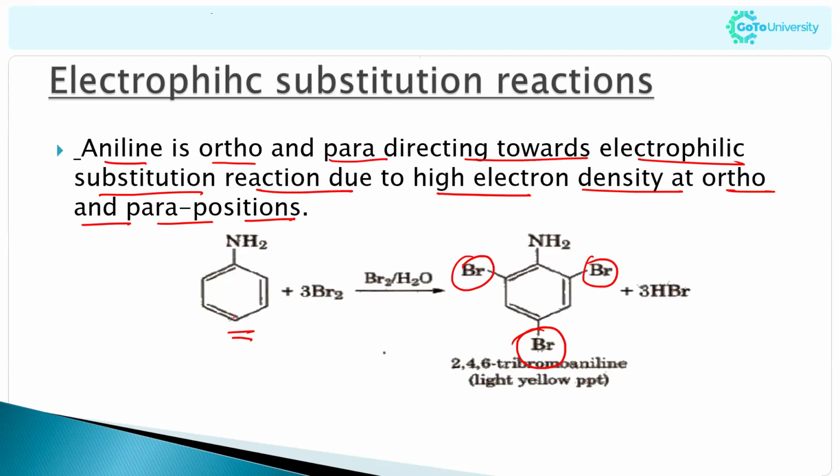Okay, so where they are doing this substitution is important. And now this is called 2,4,6 tribromoaniline. 2,4,6 tribromoaniline. Okay, now here see, this is a light yellow colored precipitate. That also you have to remember. So the color of the precipitate is also important. Write it. Write down the entire reaction.